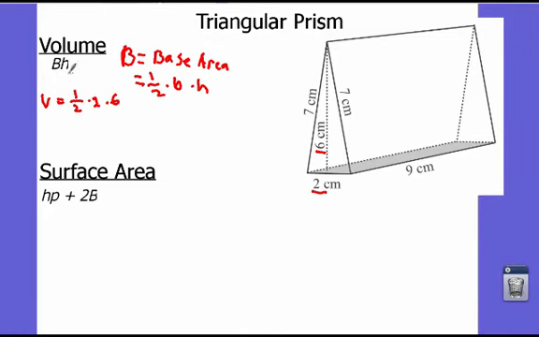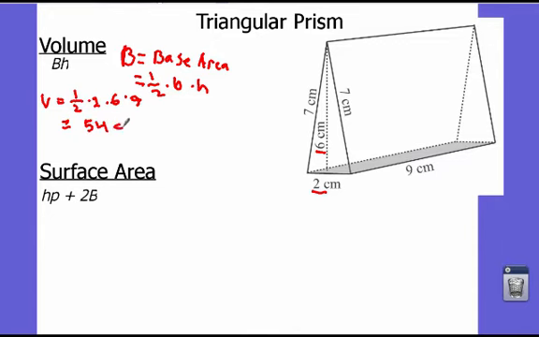So that's our big B, our base area. And then the height of our prism is simply the perpendicular distance between the 2 bases, which is 9. So we get 1/2 times 2 times 6 times 9. Well, 1/2 times 2 is 1, times 6 is 6, times 9 is 54.